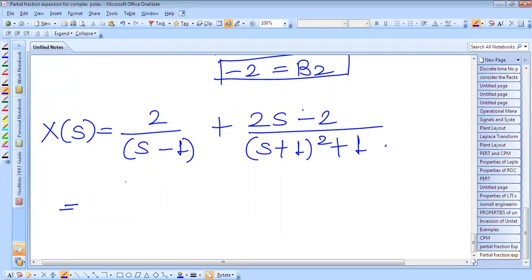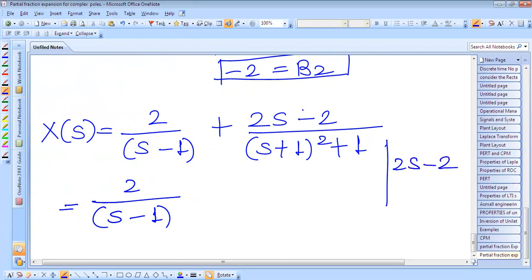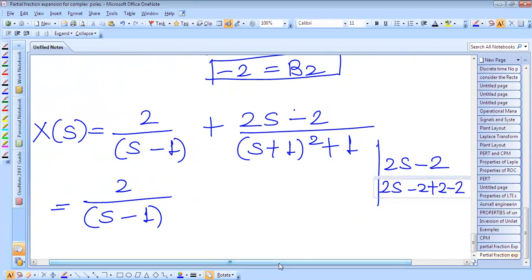So we can write 2 over s minus 1, and instead of 2s minus 2 we can write 2s minus 2 plus 2 minus 2. What we have added here is 2 and subtracted 2, so there is no effect on the equation. Therefore we can take 2 outside.